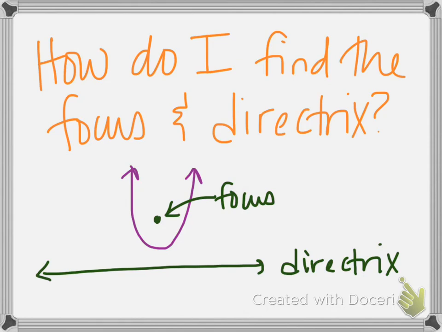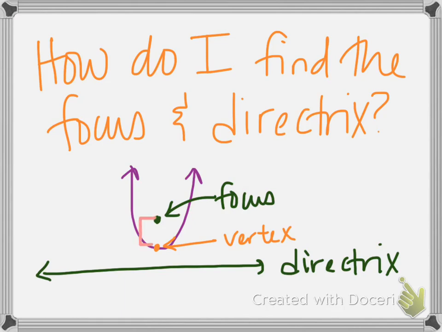And the distance from the focus to the vertex, which is the maximum or minimum point, is always the same as the distance from the vertex to the directrix. And to find that distance, all you have to do is measure or determine how far this is.